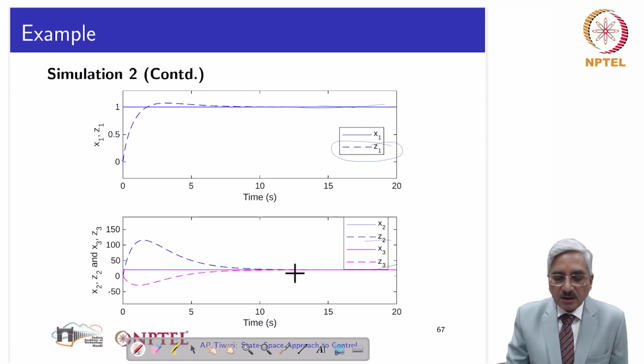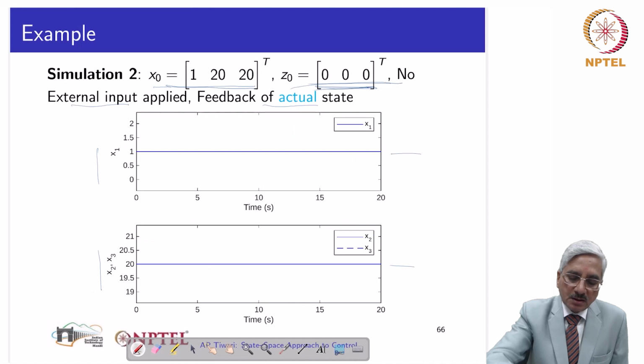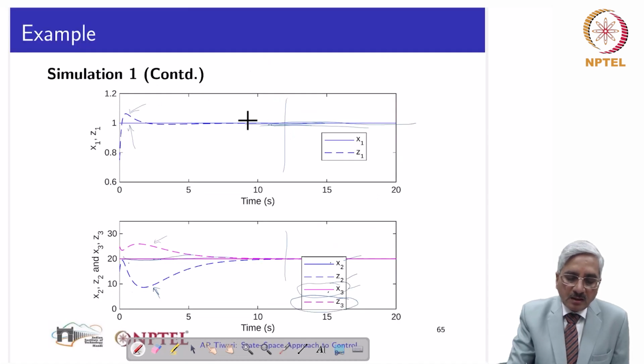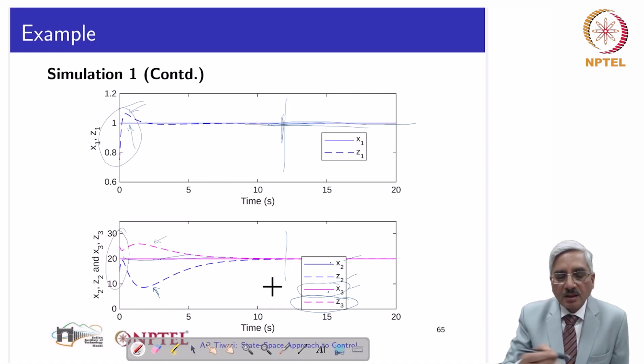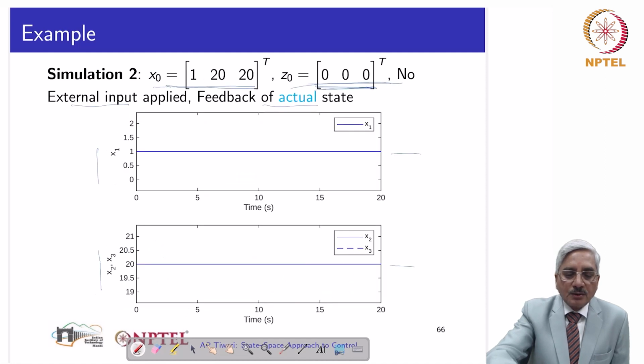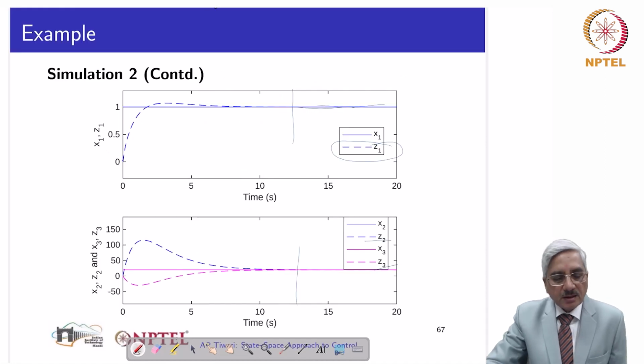What is important to see is that these observer states become asymptotic to the system states, to the perception of the human eye, somewhere, let us say, between 10 and 15 seconds. The same was the situation, I go back to show, even when the deviation was small at t equal to 0. They approached the actual system state and became asymptotic in about the same time.